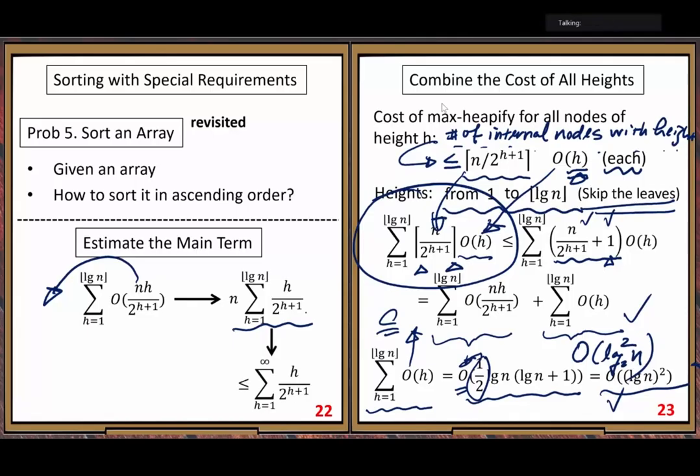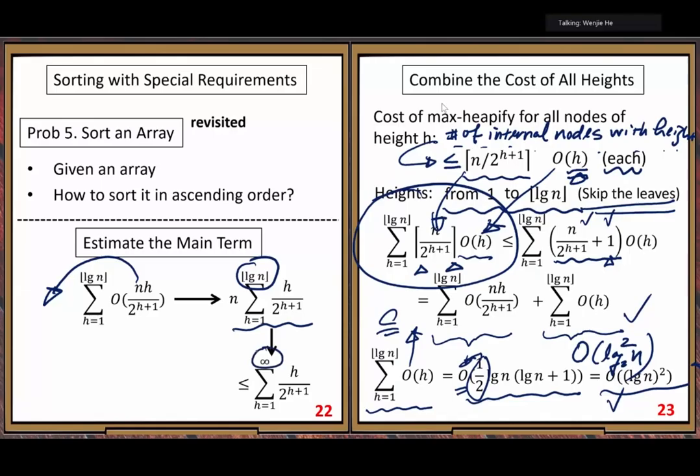Then the upper limit of this summation is still a little annoying. The floor function is not very friendly, and the log base 2 function is also not very friendly. So we want to get rid of the annoying part, and we replace it by infinity.